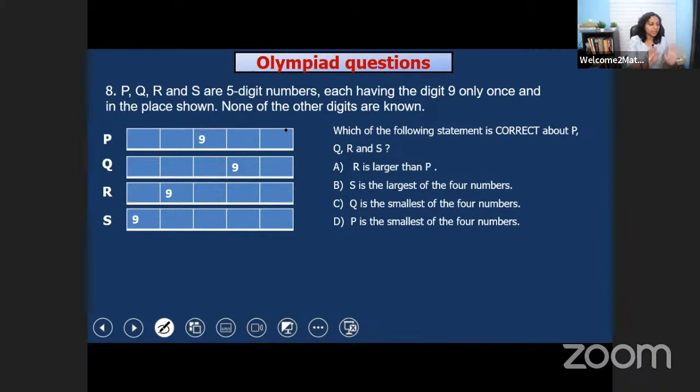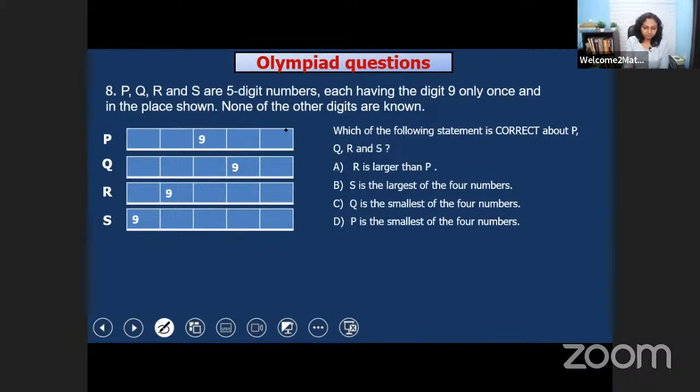You see P, Q, R, S, 4 numbers. But none of the other digits are known. We don't know the other digits. We only know that we have 9 and we can use 9 only once.